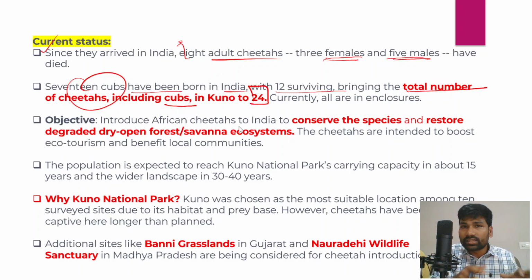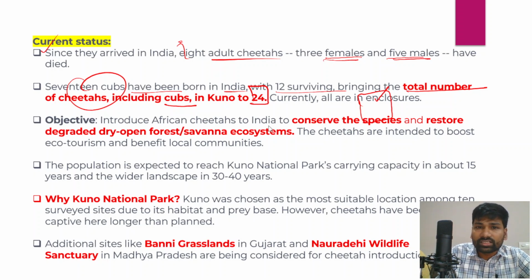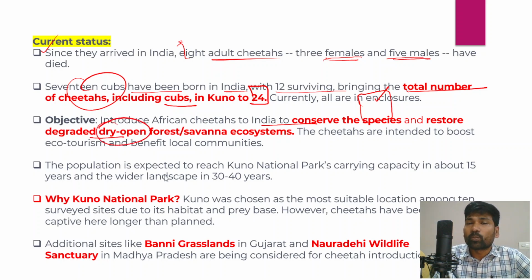Currently all these cheetahs are kept in an enclosure, to make sure that they are acclimatized with the existing conditions. Now, what are the objectives of the cheetah reintroduction program? Why are these cheetahs being reintroduced into India's habitat? The aim is to introduce African cheetahs to India to conserve the species and also restore the degraded dry open forest or savanna ecosystems.